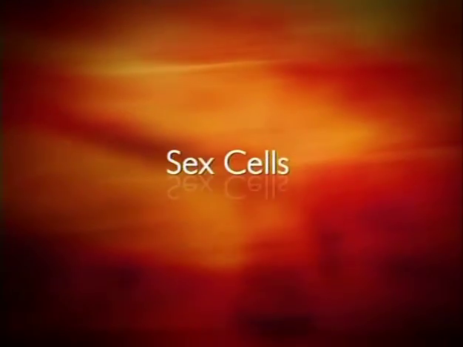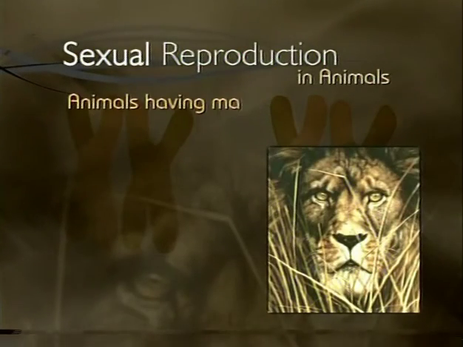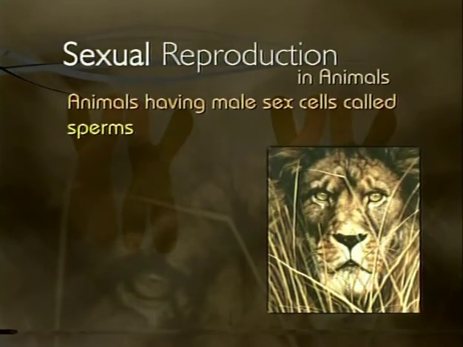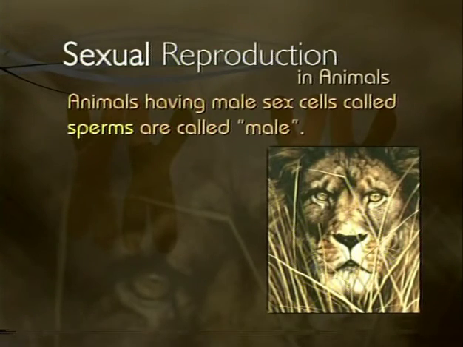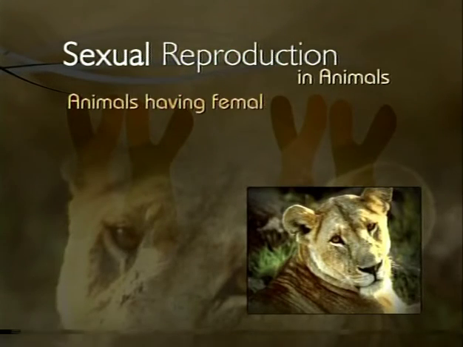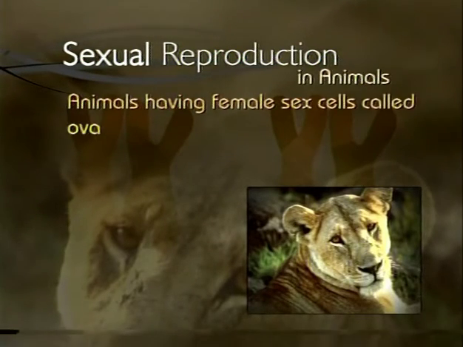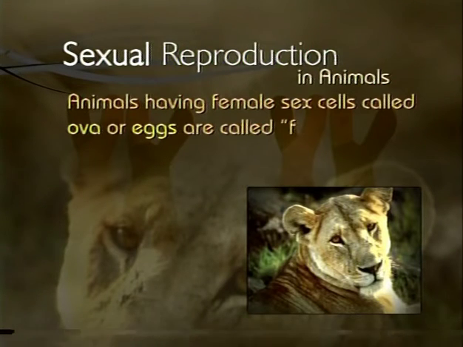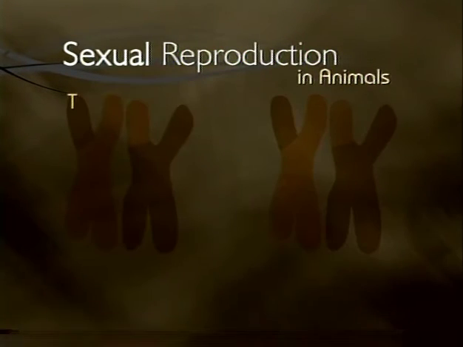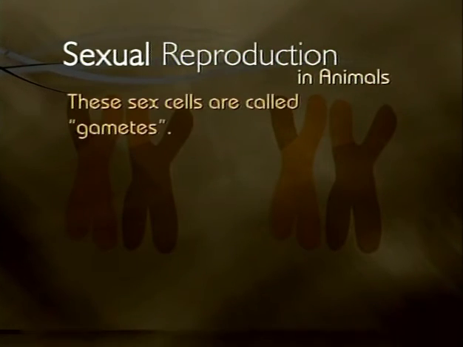Just like plants have male and female sexes in them, so do animals. An animal having male sex cells called sperms in its body is called a male, and an animal having female sex cells like ova or an egg in its body is called a female. These sex cells are called gametes.